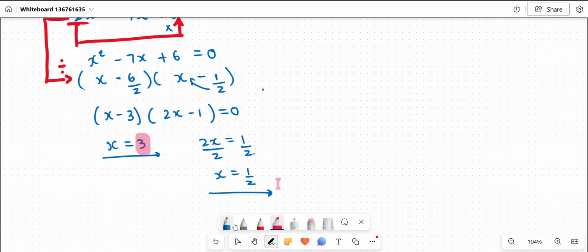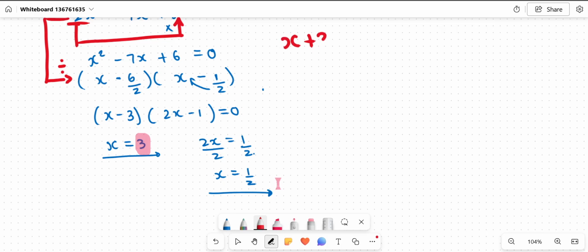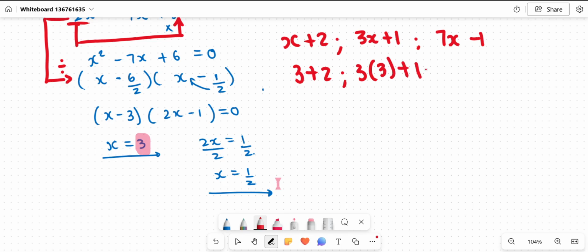And so if I substitute back into the pattern, then it should read x plus 2, 3x plus 1, and 7x minus 1. And if you just substitute there, that's 3 plus 2, 3 times 3 plus 1, and 7 times 3 minus 1.